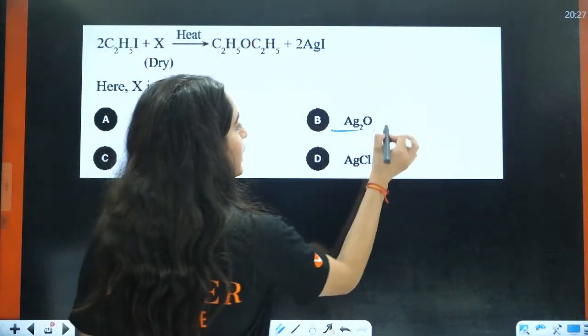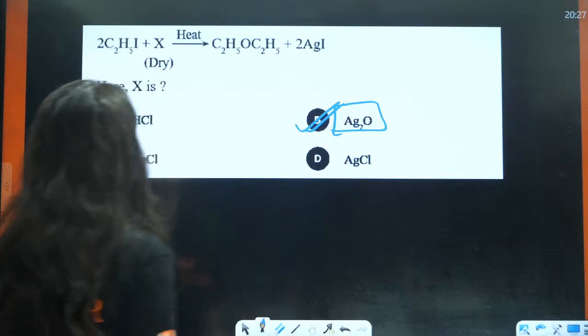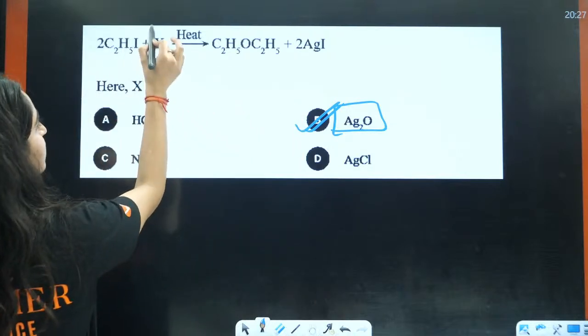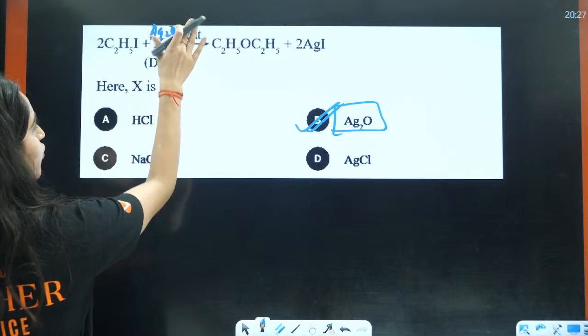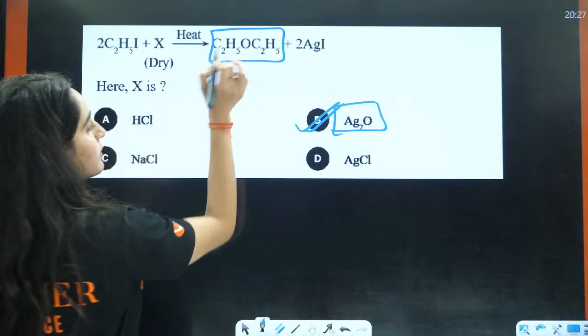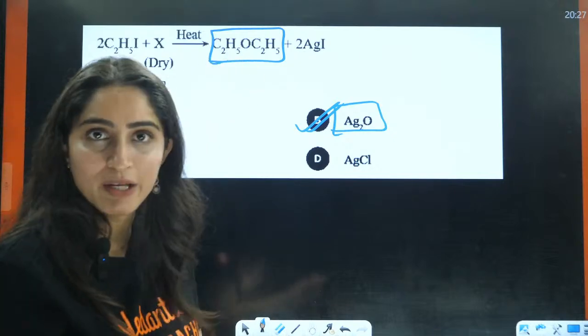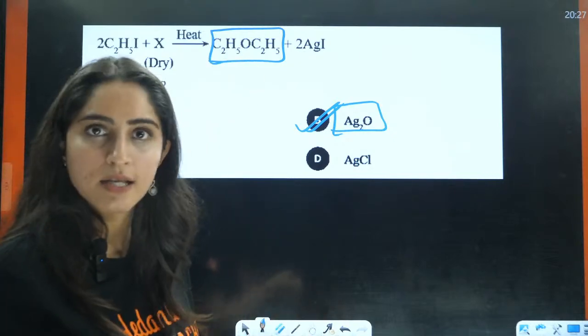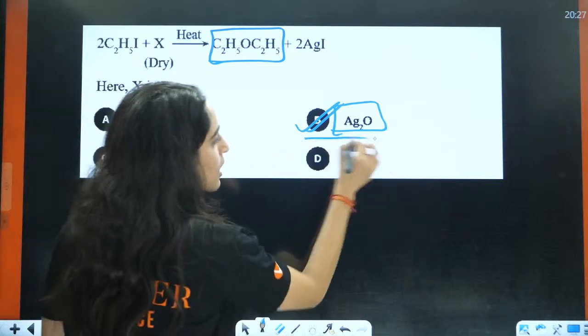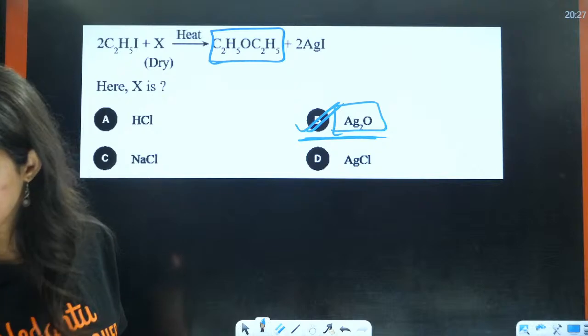So here you will have Ag2O. On reaction of C2H5I with Ag2O, you will have the formation of this ether. This is also another method of formation of symmetrical ethers, only symmetrical ethers we are talking about, right? So B is the correct answer.